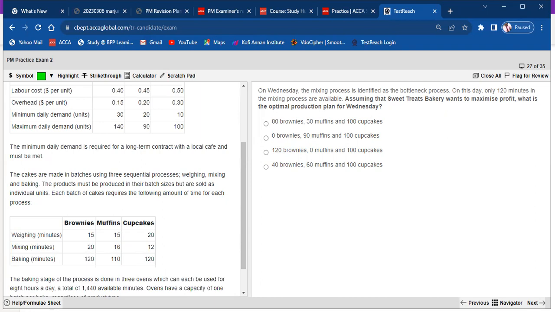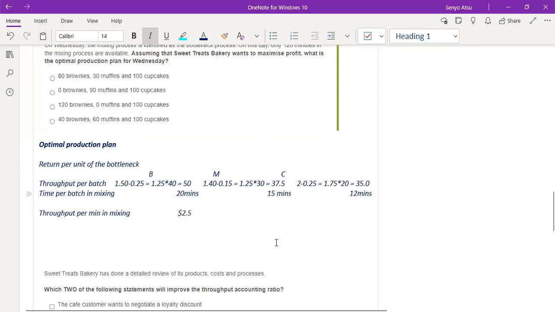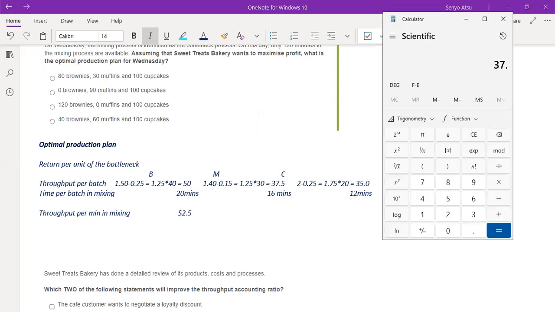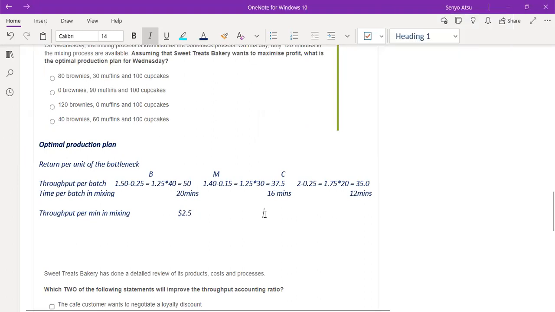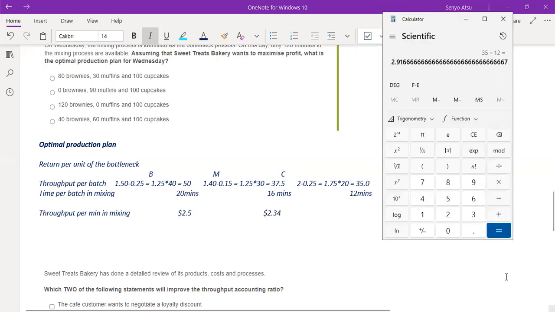It's 20, 16 and 12. So 37.5 divided by 16 is 2.34. Then 35 divided by 12 is 2.92.